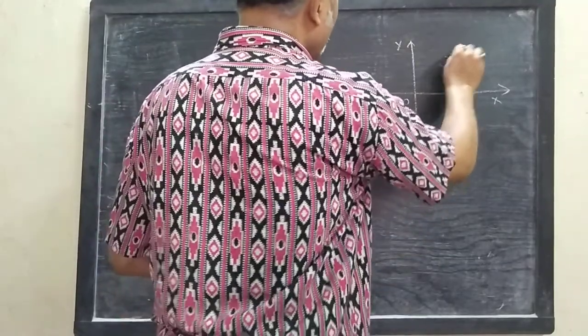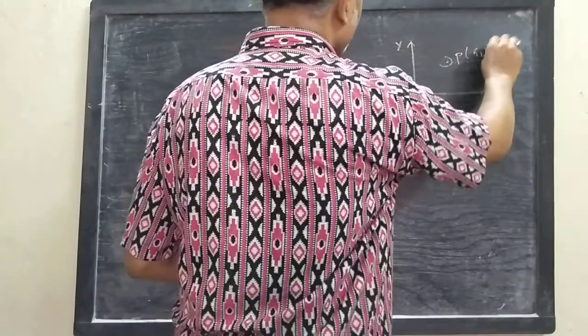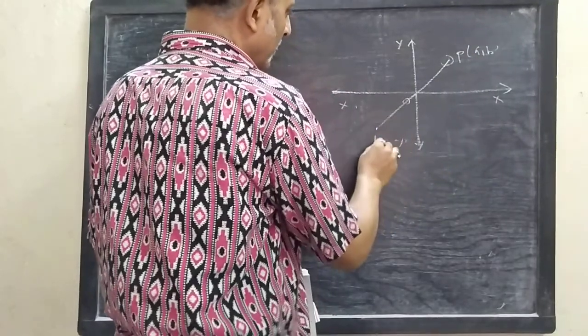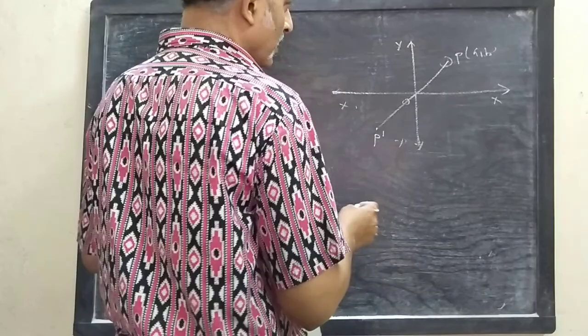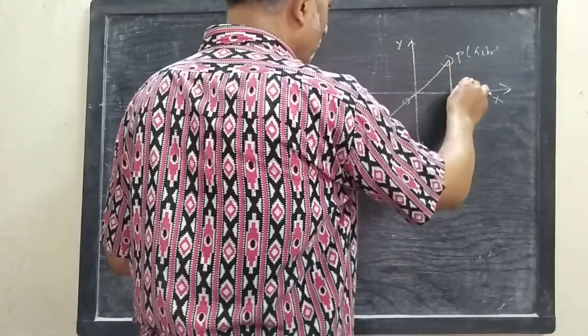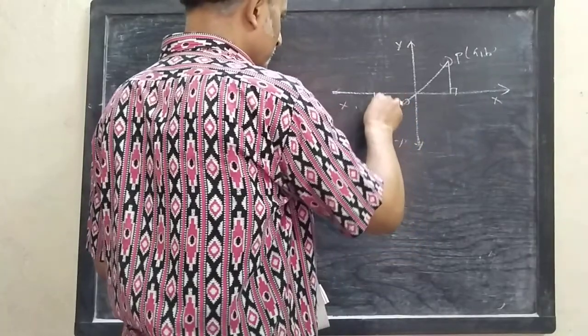Suppose the point P is here. When you reflect this point at the origin, you get image here. Suppose let us draw perpendicular to the x-axis.